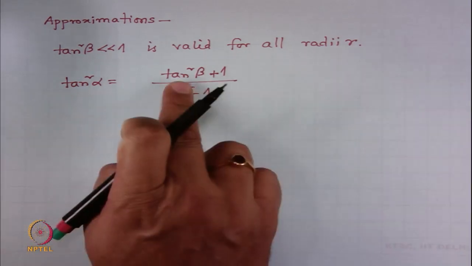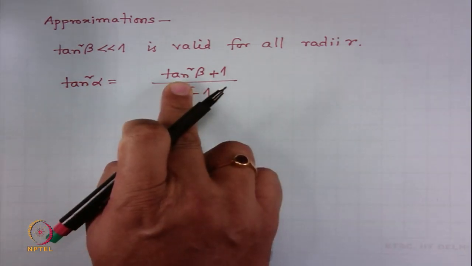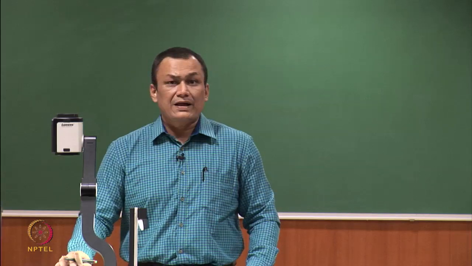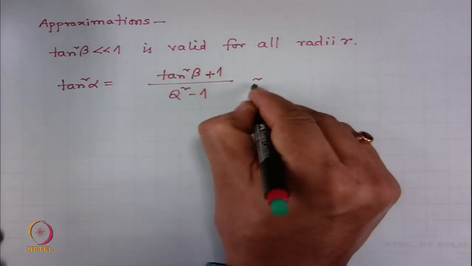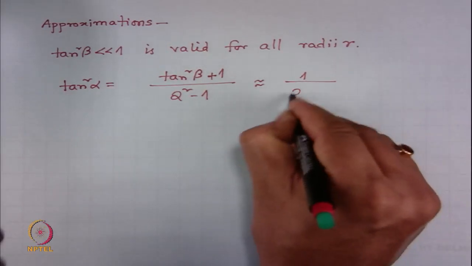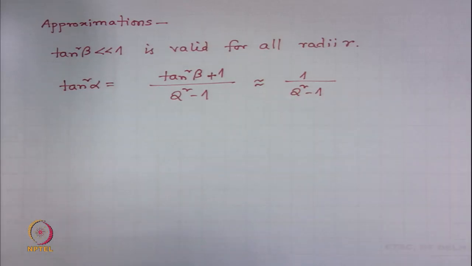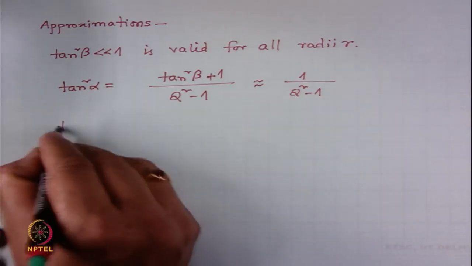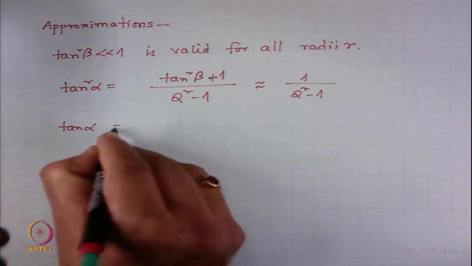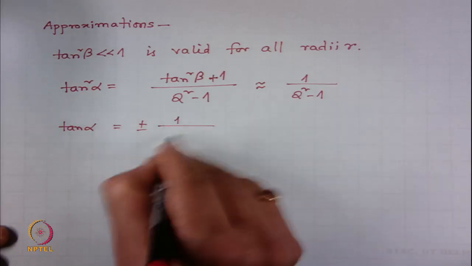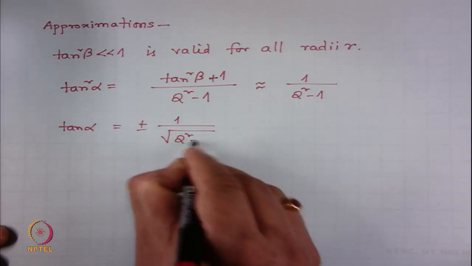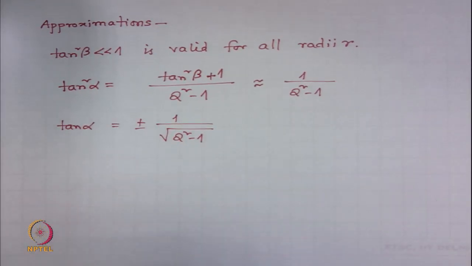Now, if tan square beta is very small, then 1 plus a very small quantity is approximately 1. So, we can write it as 1 by q square minus 1. So, tangent of alpha will be plus minus 1 by root over q square minus 1.